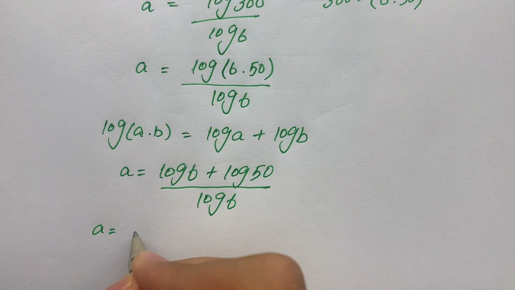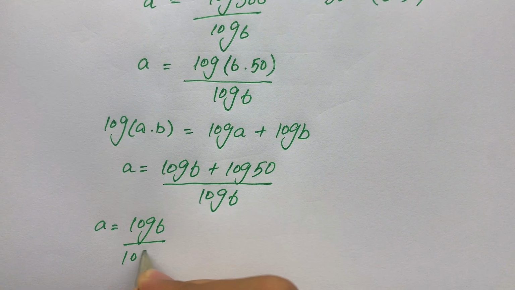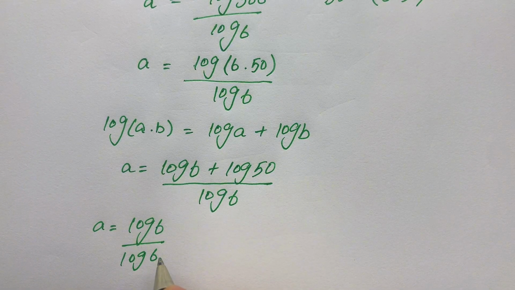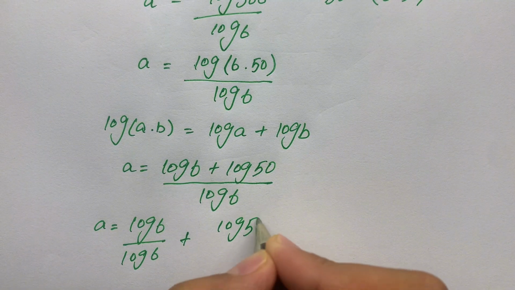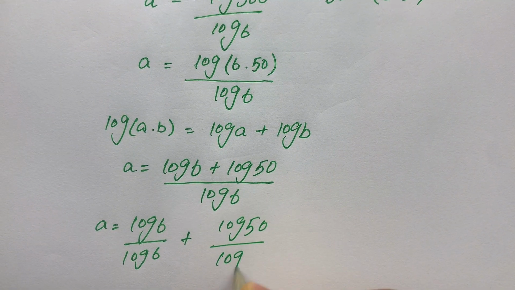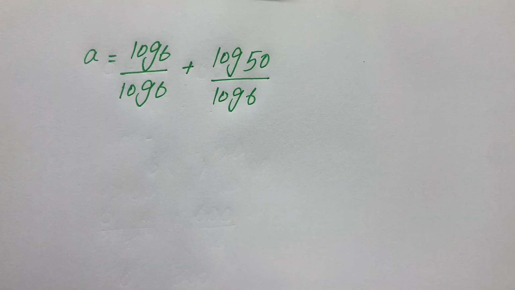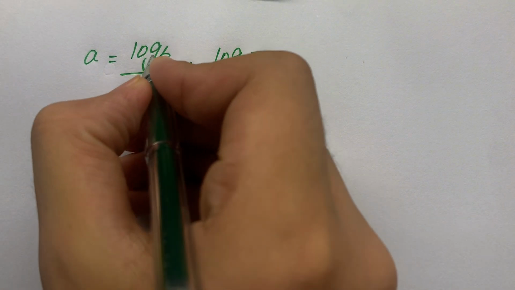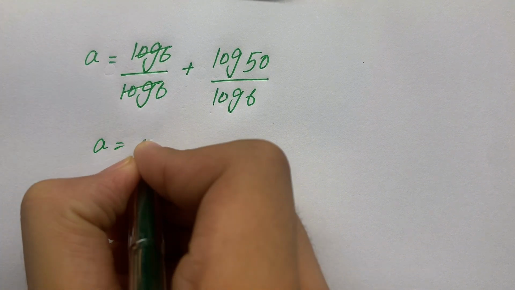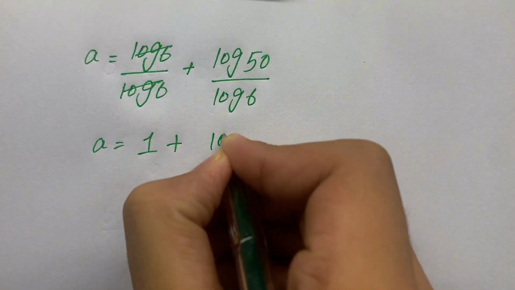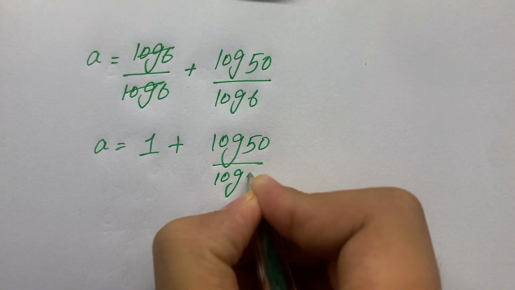So a is equal to log of 6 divided by log of 6 plus log of 50 divided by log of 6. Now log of 6 cancels, giving a is equal to 1 plus log of 50 divided by log of 6.